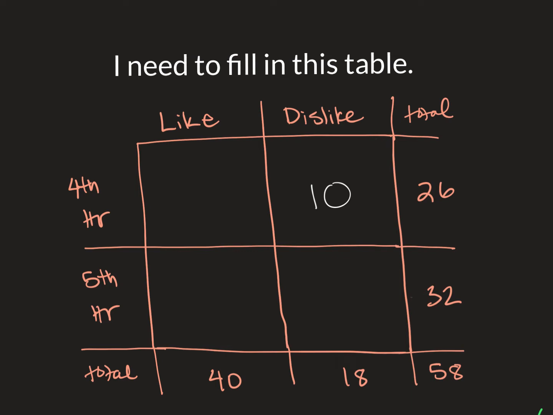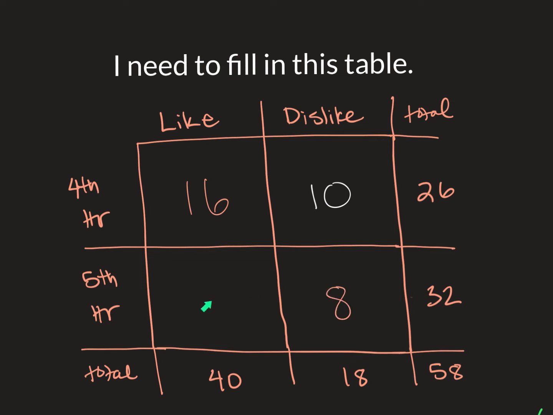10 right here. Now you'll notice I had 4 spaces to fill in. If this is 10 though, I have only one choice for this. So this is no longer a choice for me. I have to put 16 here. And since I have 10 here, I also don't have a choice here. This has to be an 8.